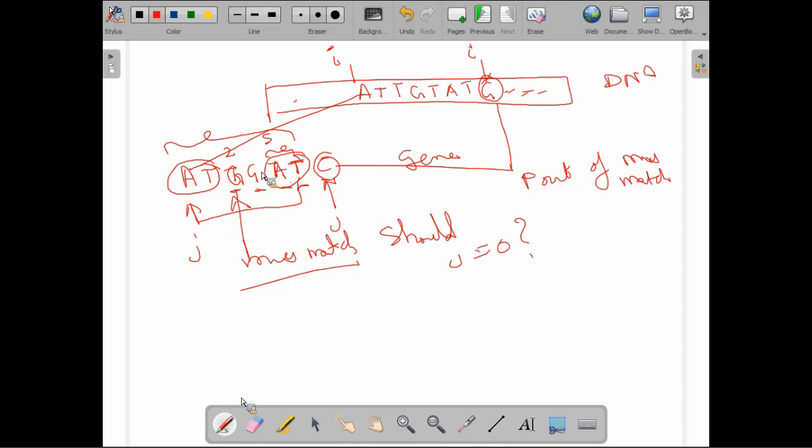Why is this possible? Because there is a suffix in the matched portion which is equal to the prefix. This has already matched. When the mismatch happens here, this portion is already matched and that is there in the prefix, so you can ignore this. Because the suffix is also repeated here, you can start matching from here.